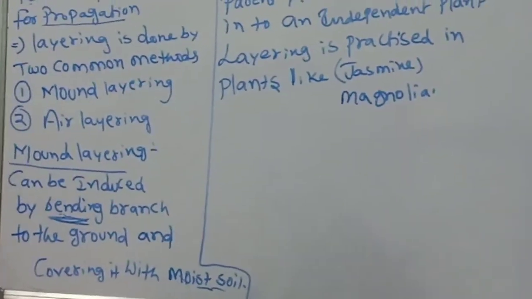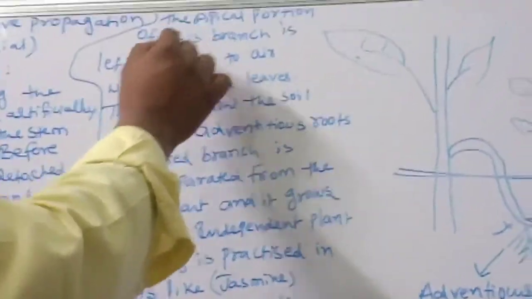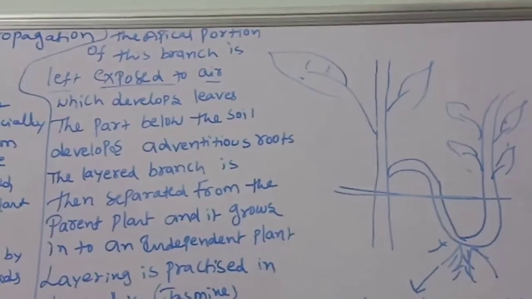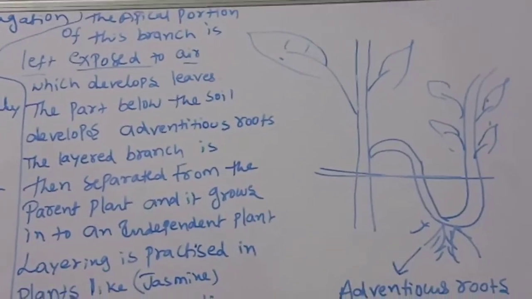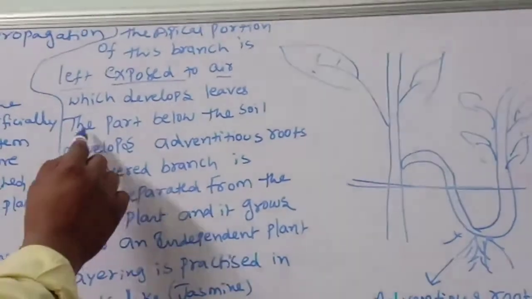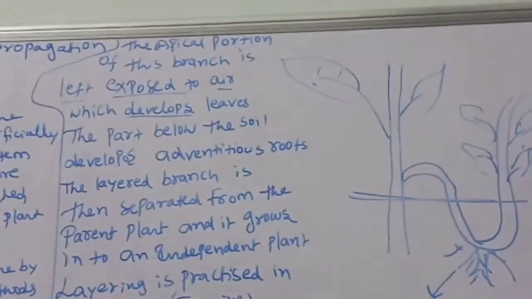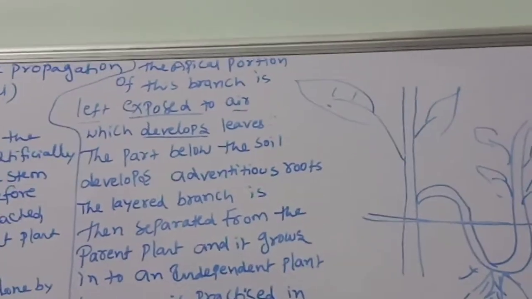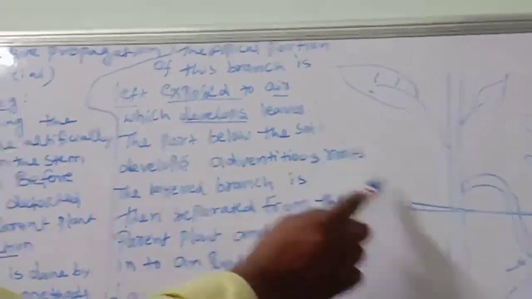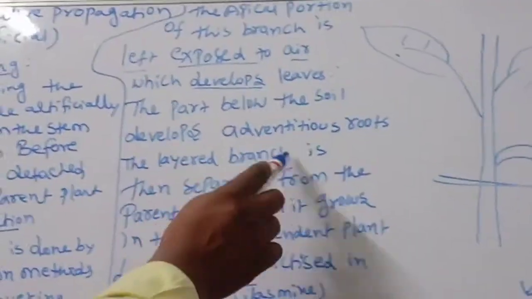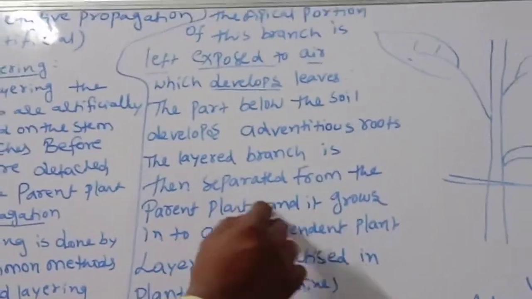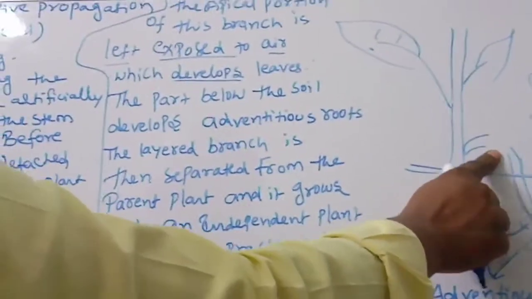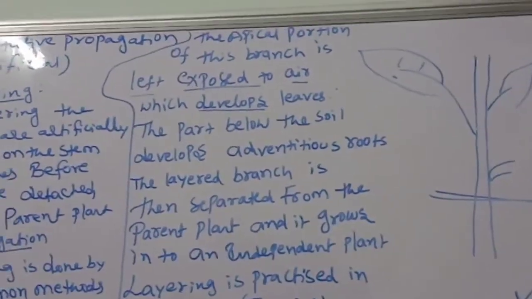The apical portion of this branch is left exposed to the air, which develops leaves. The part below the soil develops adventitious roots. The layered branch is then separated from the parent plant and it grows into an independent plant.